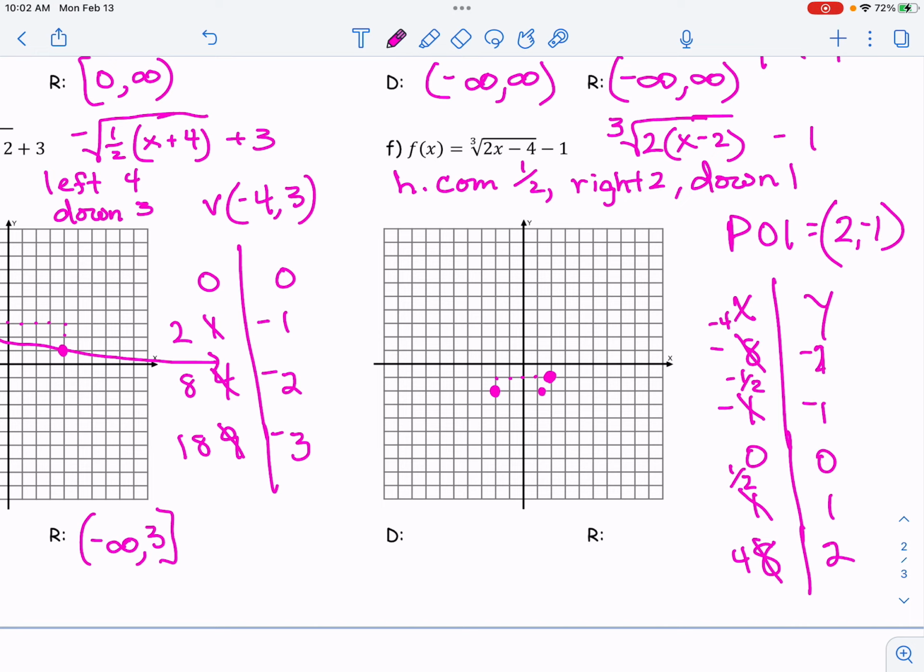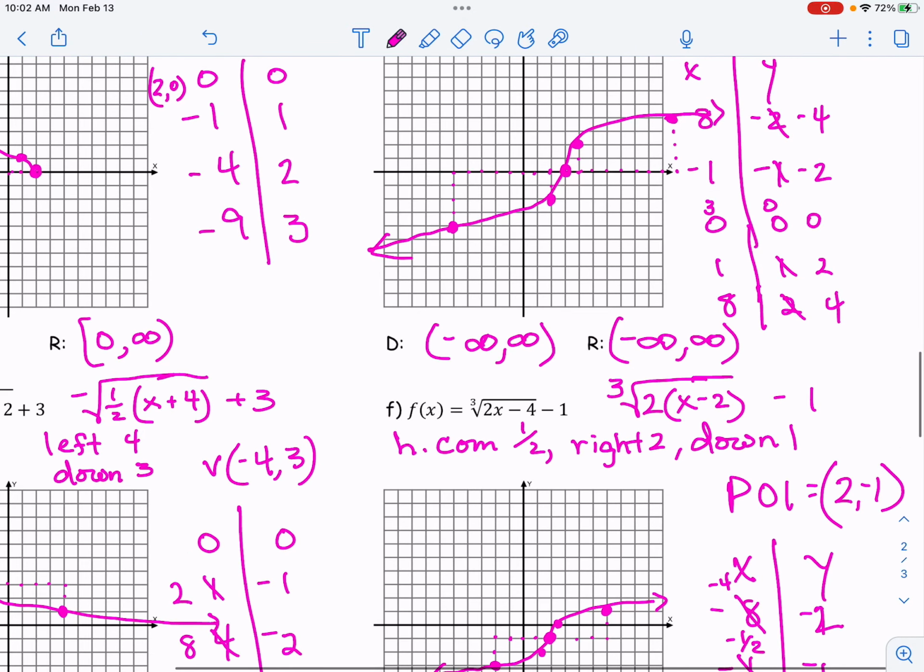This should be -2. And then over 1/2, up 1, over 4, up 2. Here's my graph, domain, and range. And that's all. Thank you.